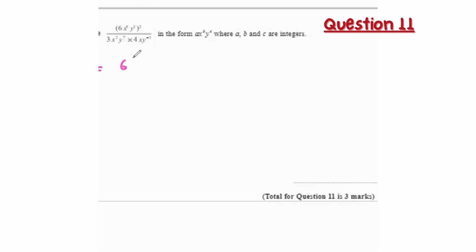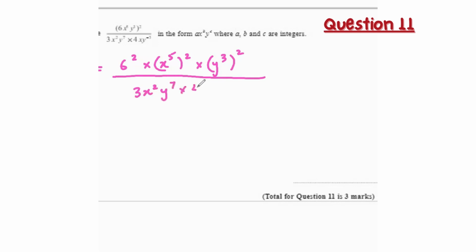That's going to be 6 squared times x to the power of 5 whole power 2 times y to the power of 3 whole power 2, divided by 3x squared y to the power of 7 times 4x y to the power of -3.